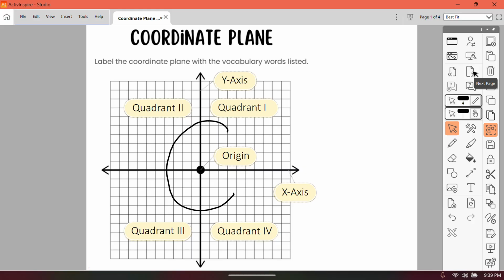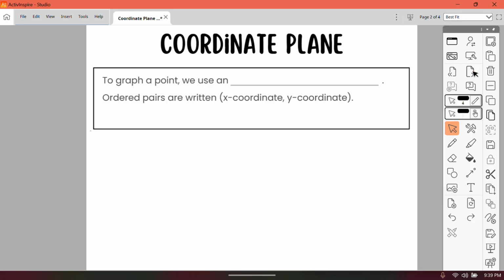Okay? So if you got the vocab down, let's talk about plotting some points. All right. If we are graphing a point on a coordinate plane, and this is something you've probably done before, but it's a really good refresher, we use this thing called an ordered pair.